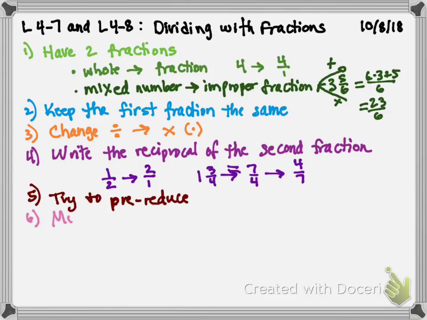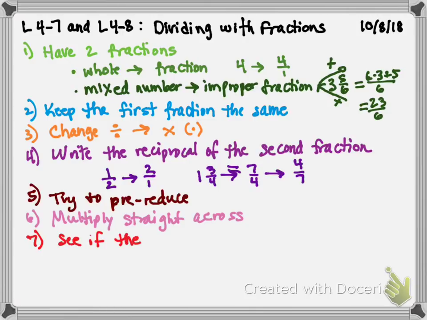Then you're going to multiply straight across. And the last thing you're going to do is see if the answer needs to be reduced. Again, by reducing, I mean dividing out a common factor.